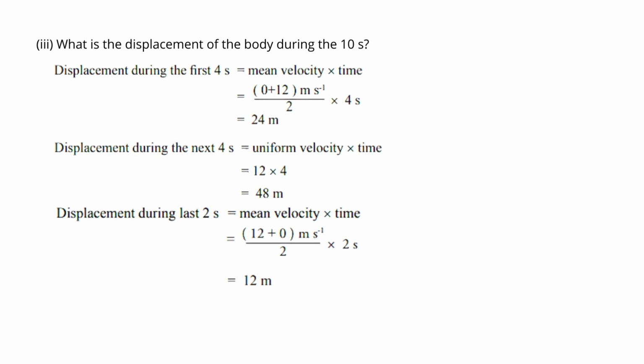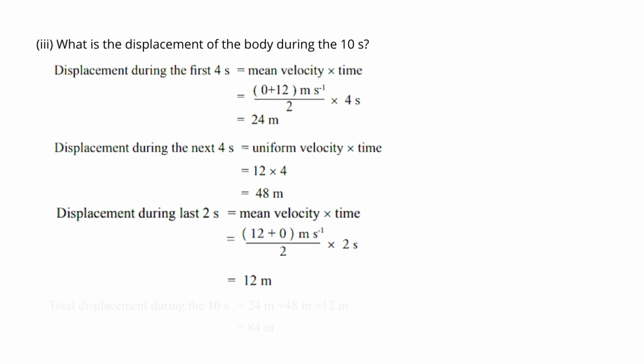Again you get the average velocity of 6 meters per second, and displacement is mean velocity into time, so that will be 6 meters per second into time 2 seconds, so the value will be 12 meters. So the body has been displaced by 12 meters within the last 2 seconds with deceleration.